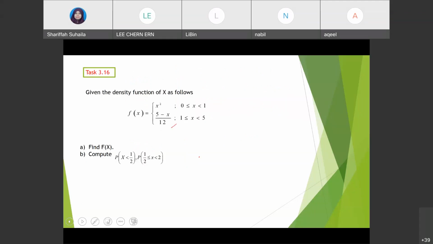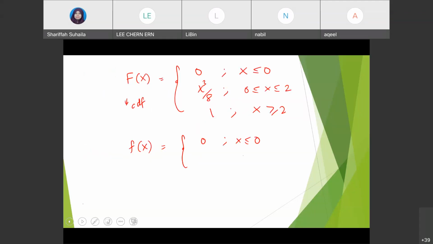So differentiate 1, get 0. So in here, you can also write back 3 over 8 x squared, ini. Okay, otherwise it will give you 0. Okay, itu dia punya relationship.